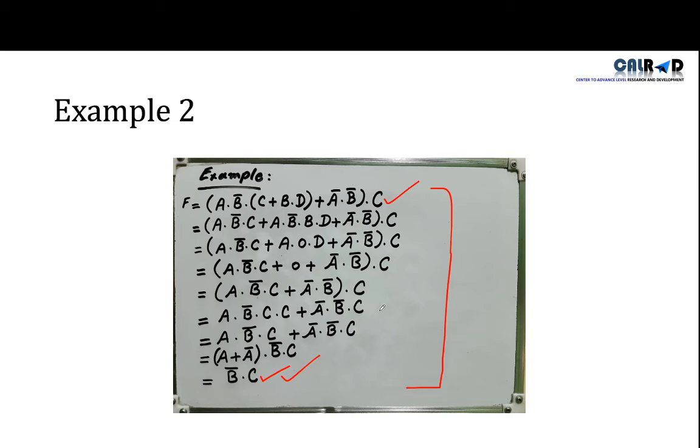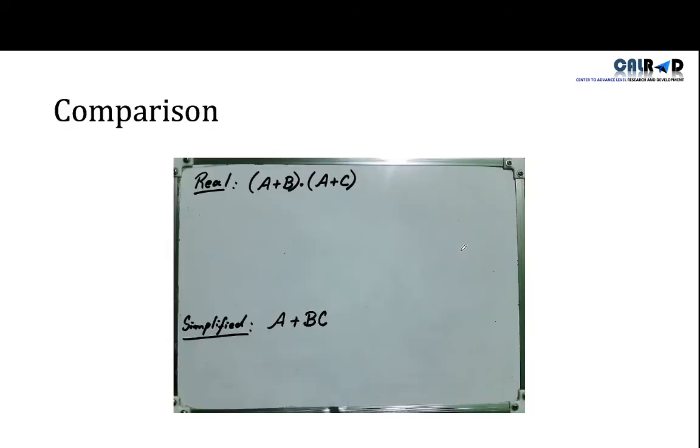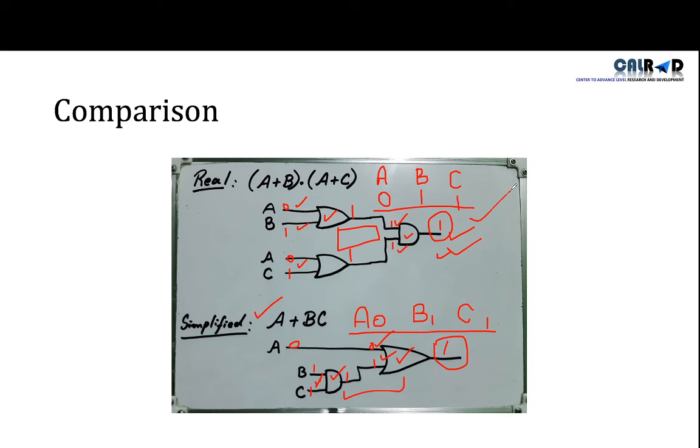So now you all know that we use this simplification in order to reduce the number of gates. And from this proof, we also know that this simplification always reduces the number of gates, but the output remains the same.